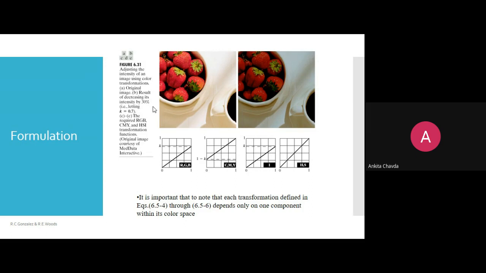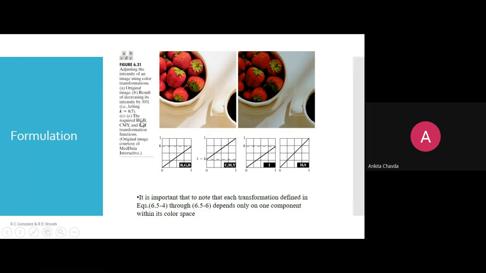So I'll have 70% of intensity now in the another image, right? So that is why we are keeping this k equals 0.7, because k is again a value between 0 to 1, right? So if I'll keep 0.7, it means I want 70%. Based on that, you are selecting your k.